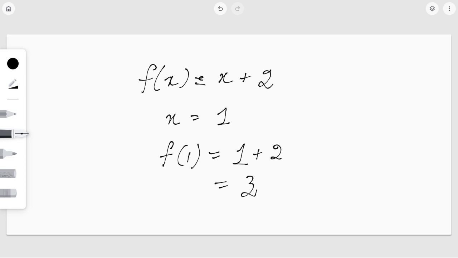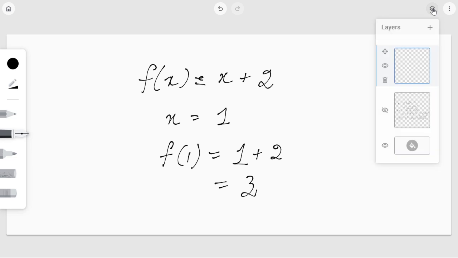So, for the value x equal to 1, the function value is 3. We can also note that there will be no other value of x for which the function value would be f of x is equal to 3.